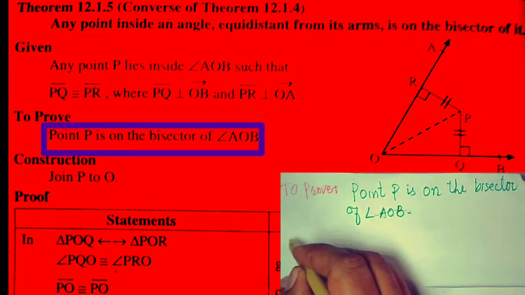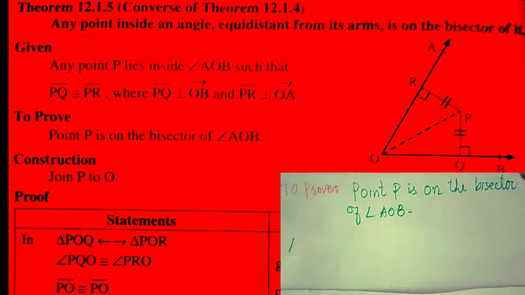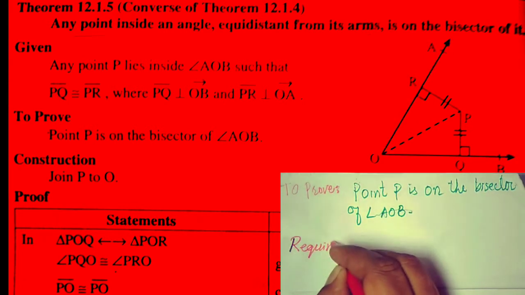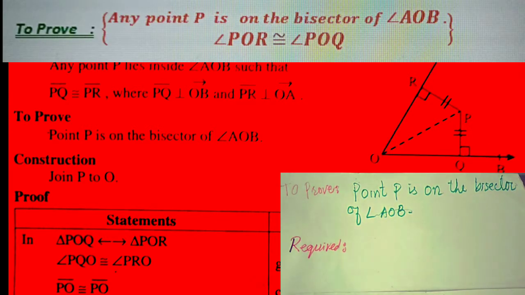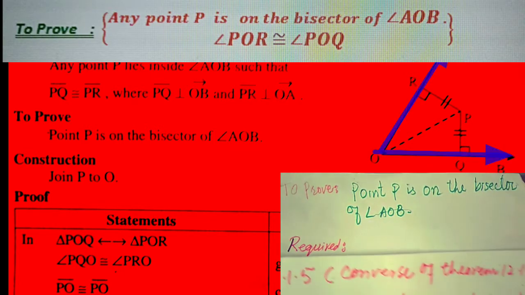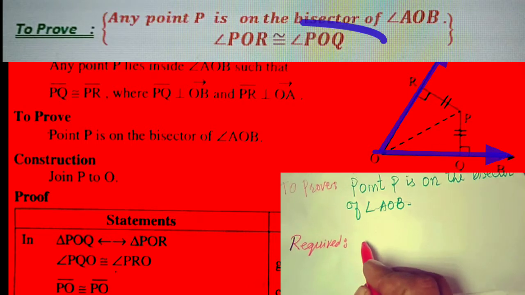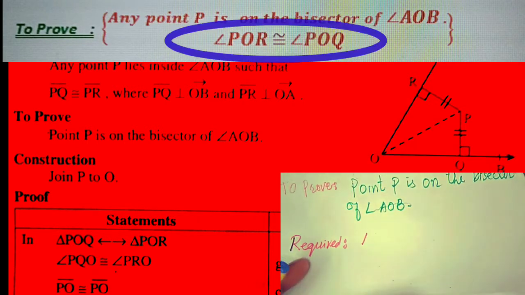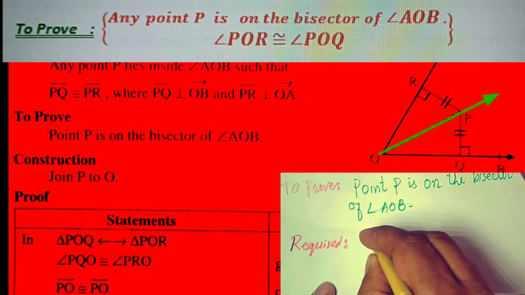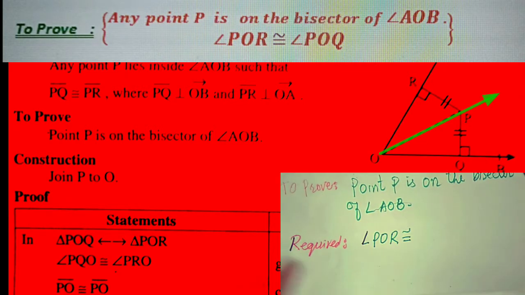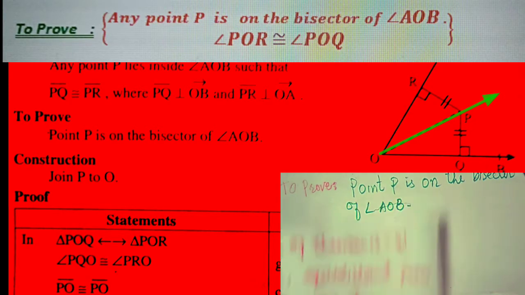Point P is on the bisector of angle AOB means angle POR is congruent to angle POQ.